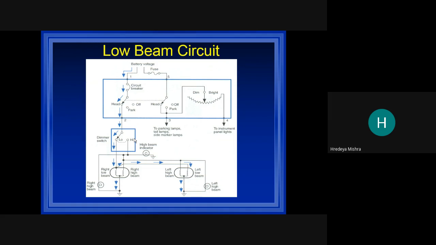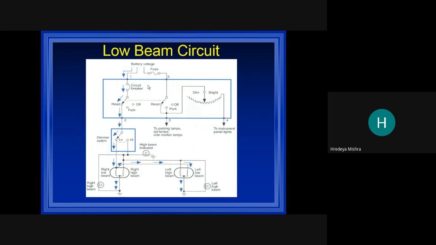Okay, because when we park our car or use our vehicle at night, at the time of parking, bright light is not required, we can use dim light to save the electric power.